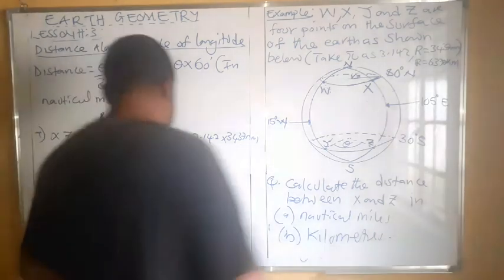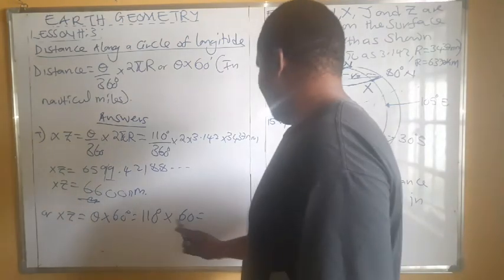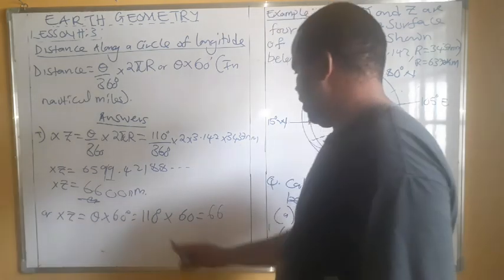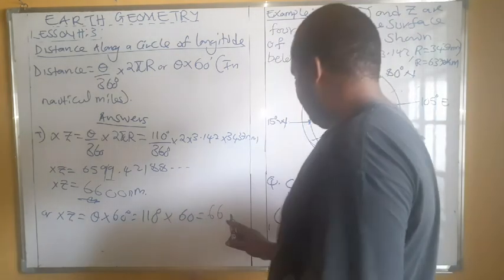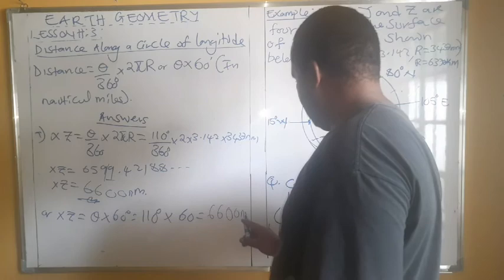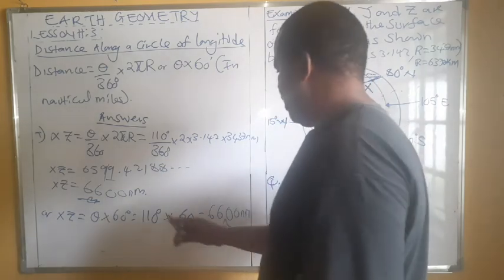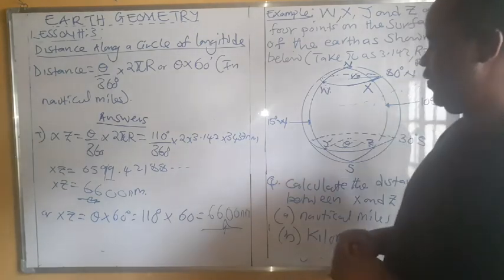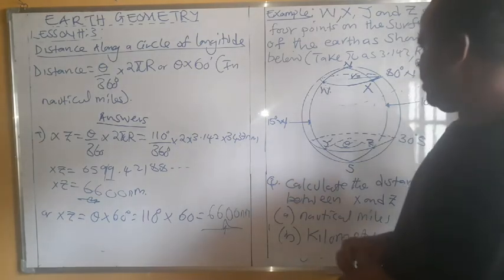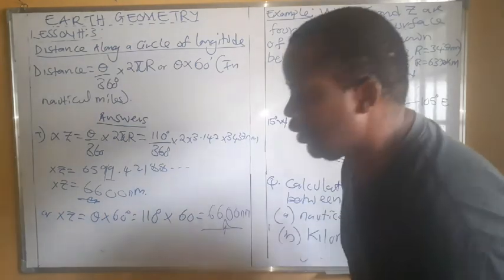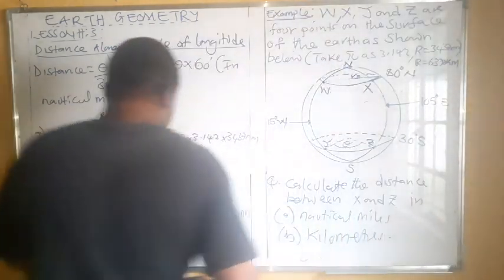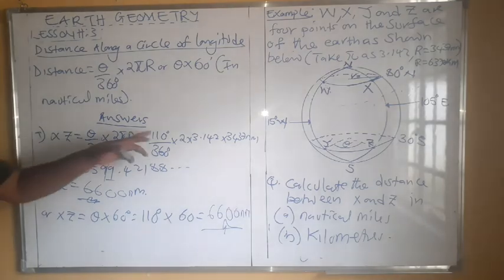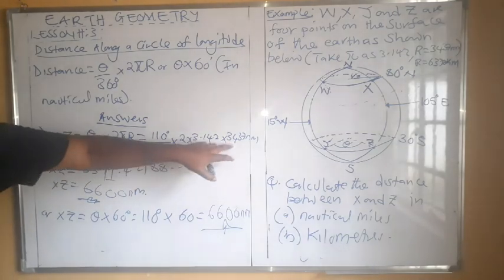When you do that, you can easily multiply these as zeros. This by that, so you have got 66. Then how many zeros? There are 2 zeros, so you put them there. So you get the nautical miles. Take note, this approach is only applicable when you're dealing with nautical miles. I hope that is okay. So that is our answer. Then for kilometers, the approach is the same. The only difference is here.